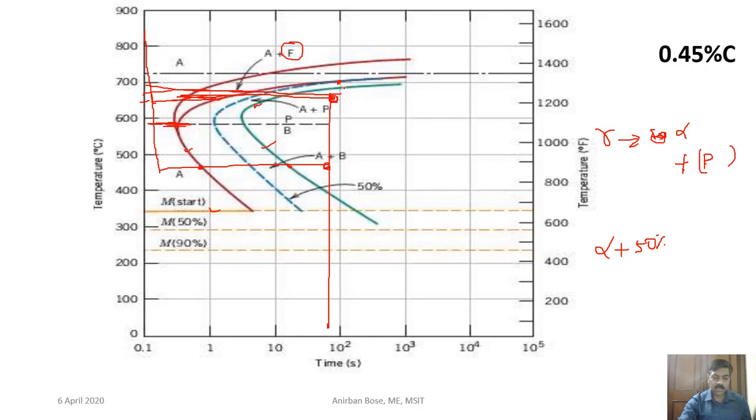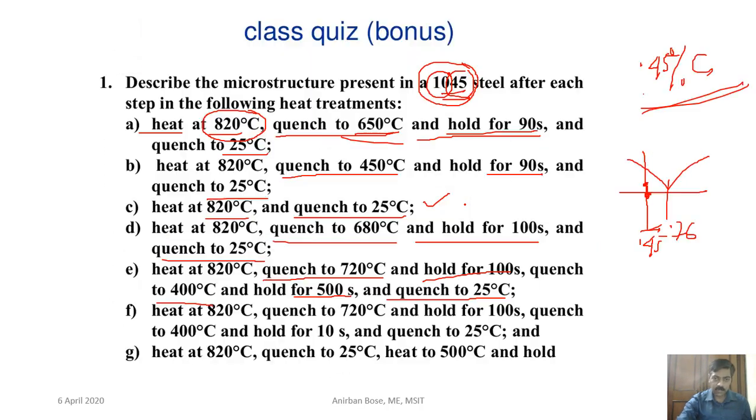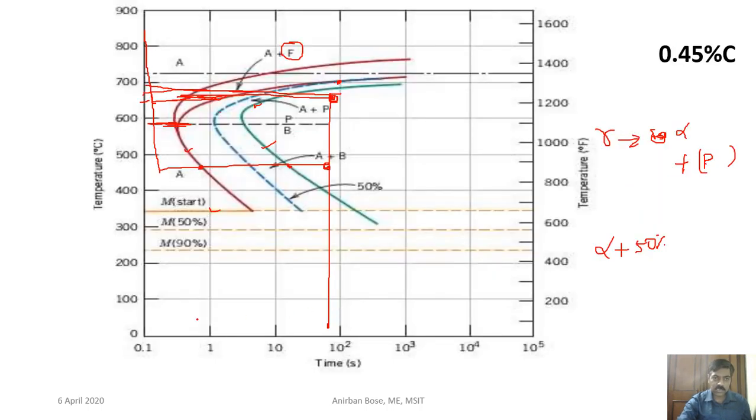And then what is done? Quench to 400 degrees centigrade and hold for 500 seconds, from here, as if 400 degrees centigrade for 500 seconds.